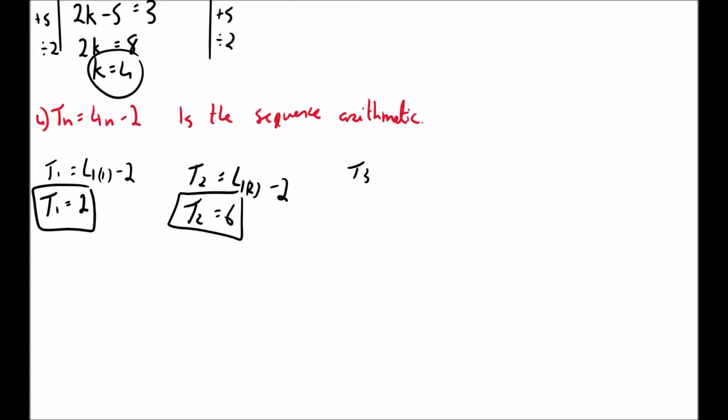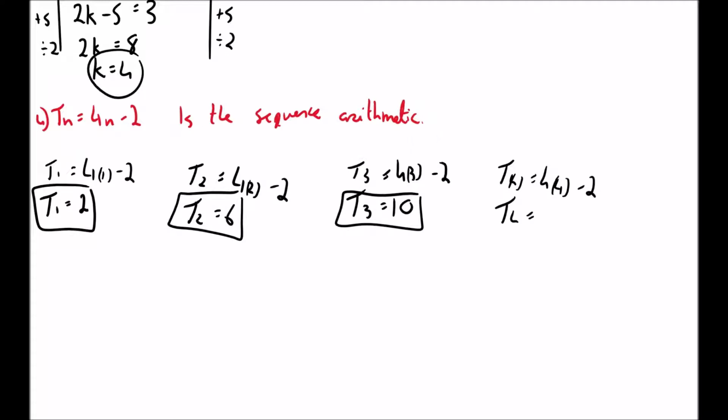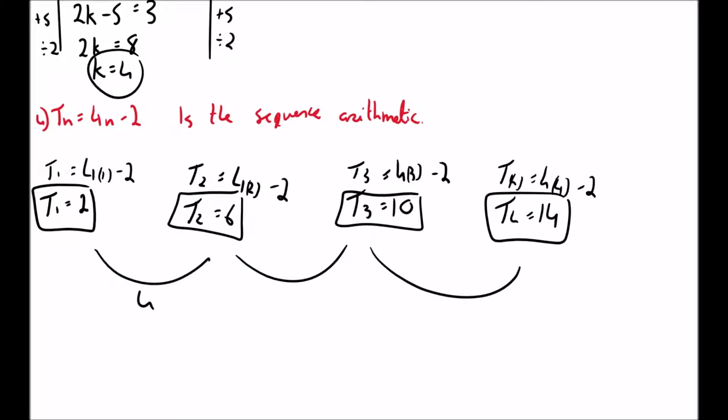Let's take T3 equals 4 times 3 minus 2. So T3 equals 10. And we're going up to T4. T4 equals 4 times 4 minus 2. So T4 equals 14. Look at the differences. 4, 4, 4.